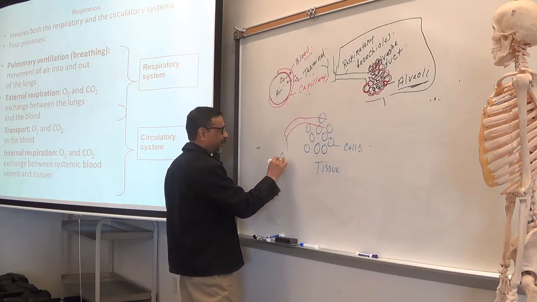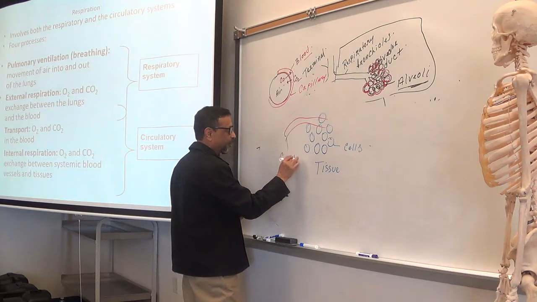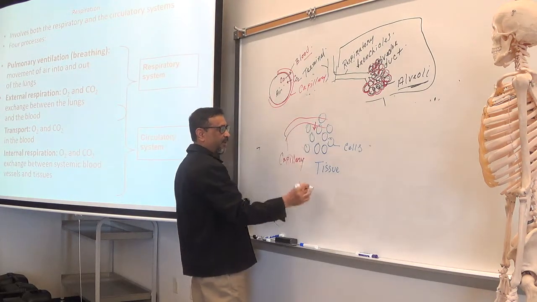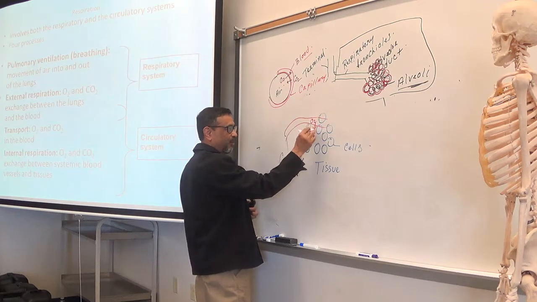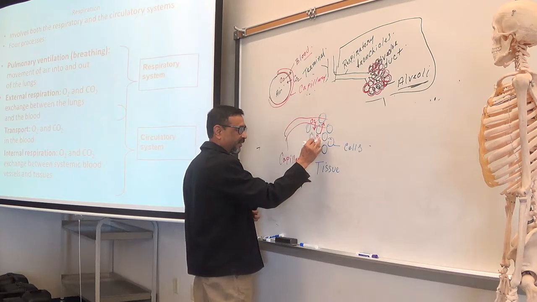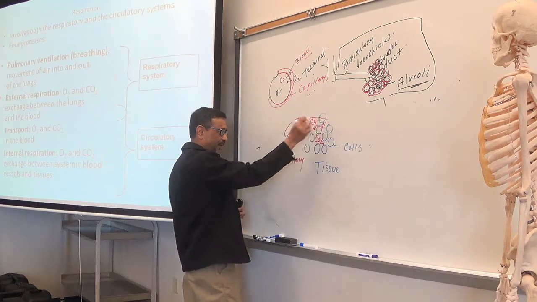So this is the capillary in the tissue. So in the tissue, what happens? Oxygen goes to the tissue from the blood, and carbon dioxide, always opposite as I said, goes from the tissue to the blood.